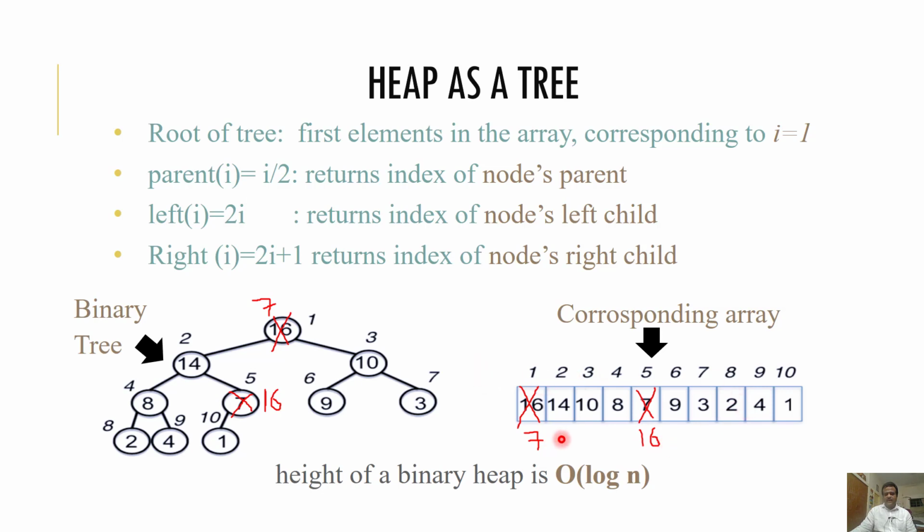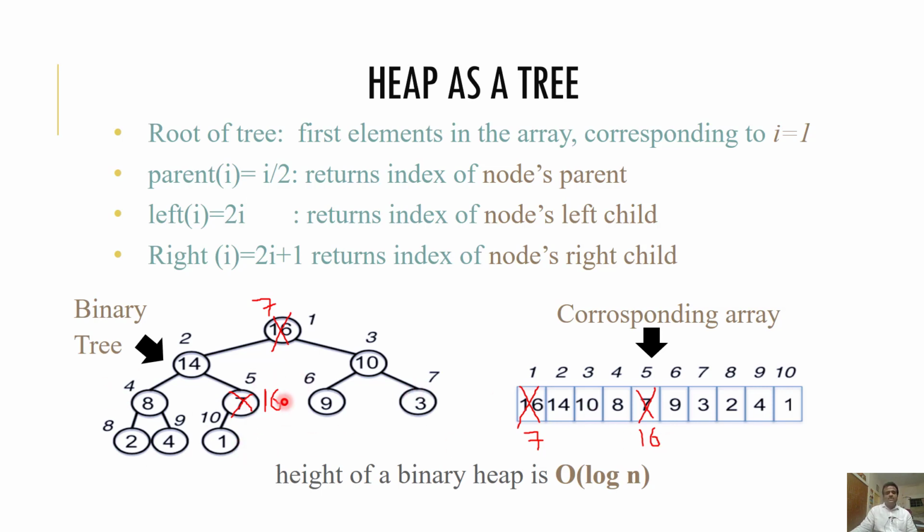Suppose our given array is 7, 14, 10, 8, 16, 9, 3, 2, 4, 1. In that case, the tree will be like this. So the root is 7, the first element, and then the left child, right child, and this way we draw the tree. I mean we visualize the tree.